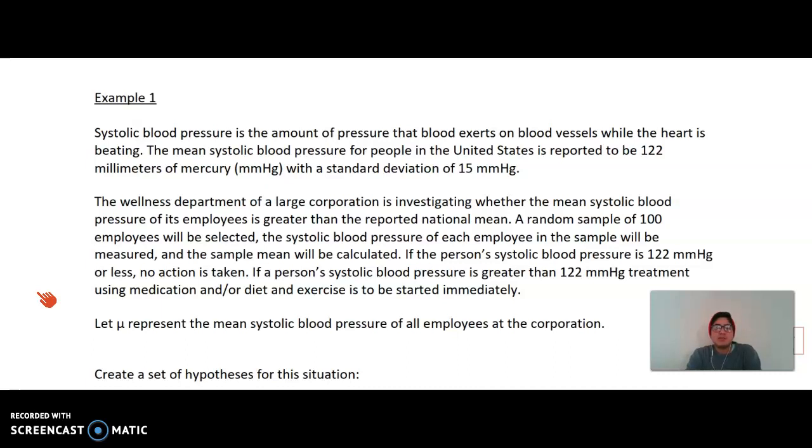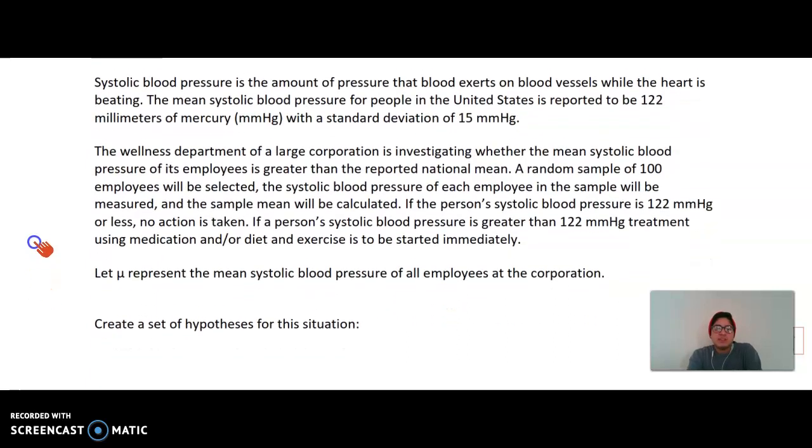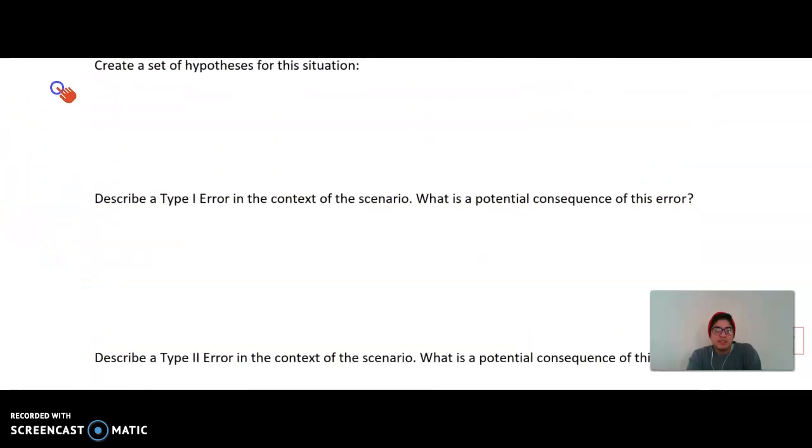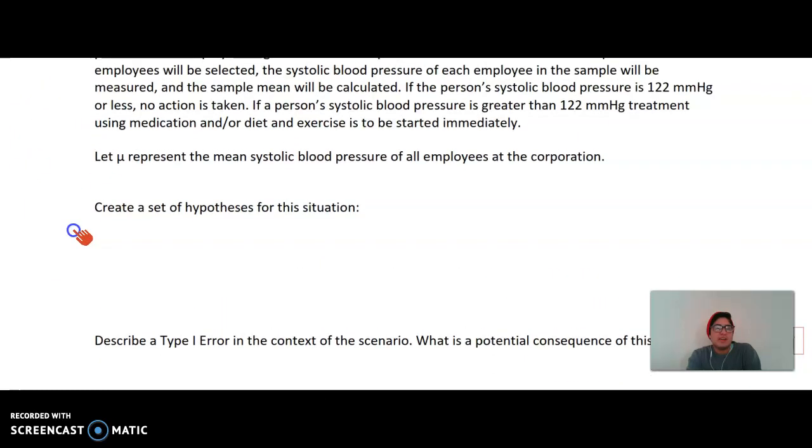If the person's systolic blood pressure is 122 or less, no action is taken. If a person's systolic blood pressure is greater than 122, then treatment using medication and/or diet and exercise is to be started immediately. So let mu represent the systolic blood pressure of all employees at the corporation. Let's create a set of hypotheses and then identify some errors here.